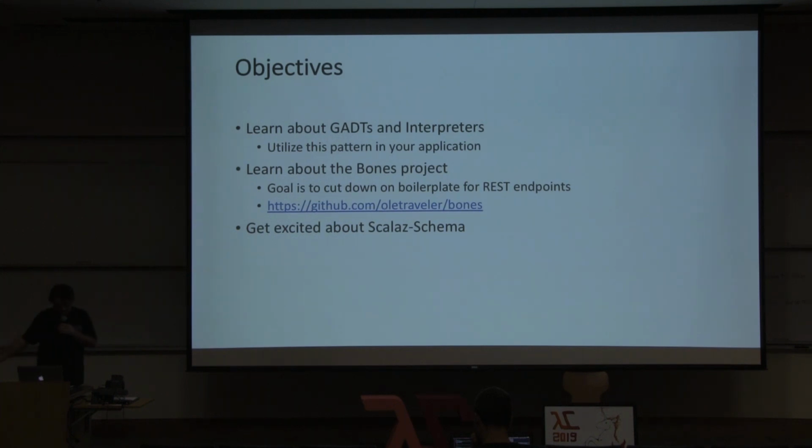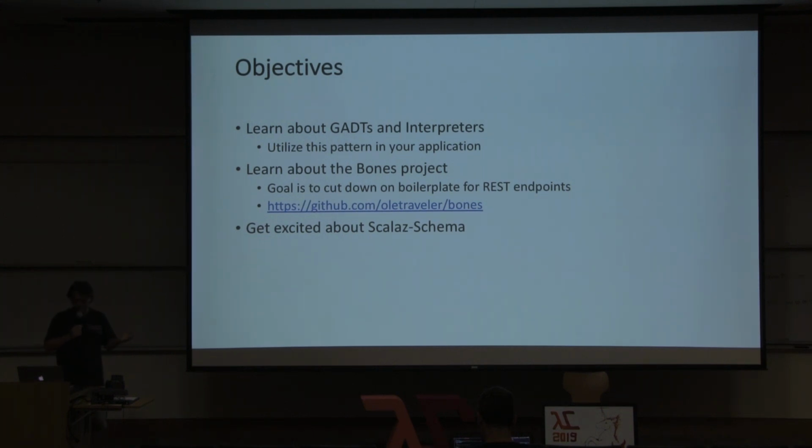So the objectives today are to learn about GADTs and interpreters. They're a pretty easy pattern, and they can help reduce a lot of boilerplate. What I'm presenting is how I derived a project I call Bones. Like I said, the goal is to cut down on boilerplate.